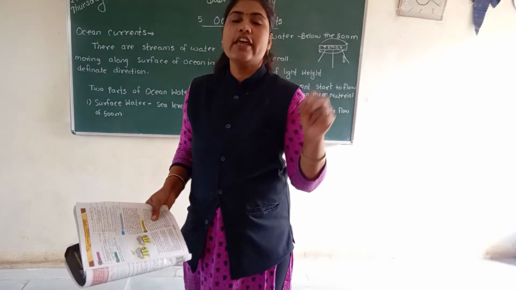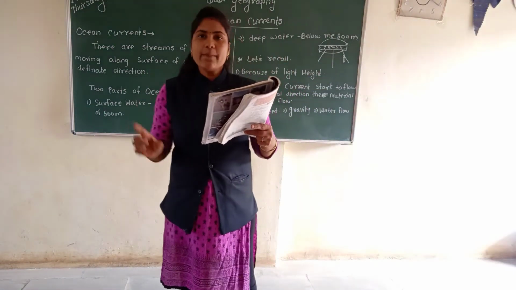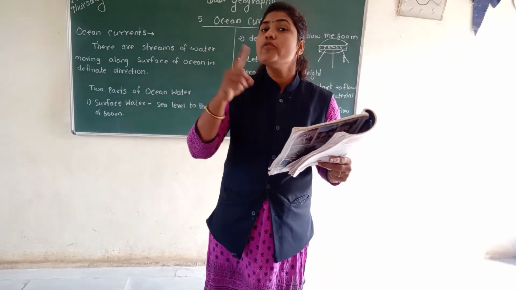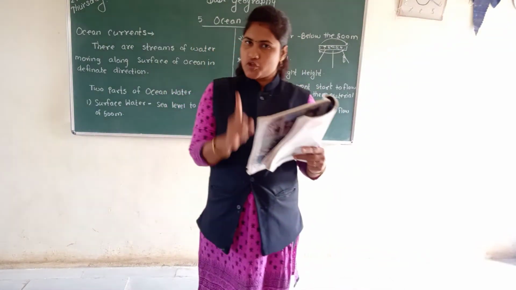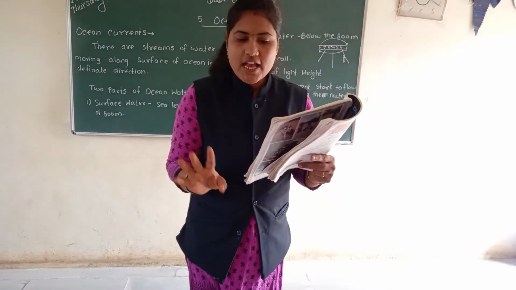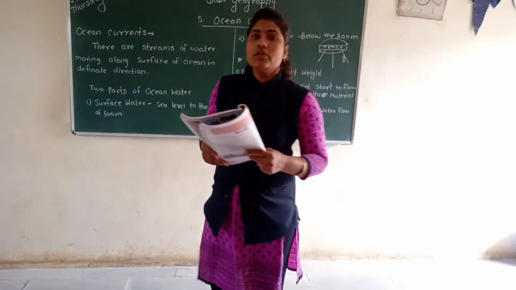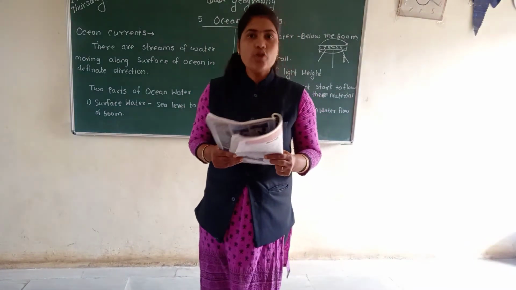We can see there is a process of evaporation. When the temperature increases because of the sun, the density of the water decreases, which means there is a process of evaporation. Understood, students? And all the answers I have told you.